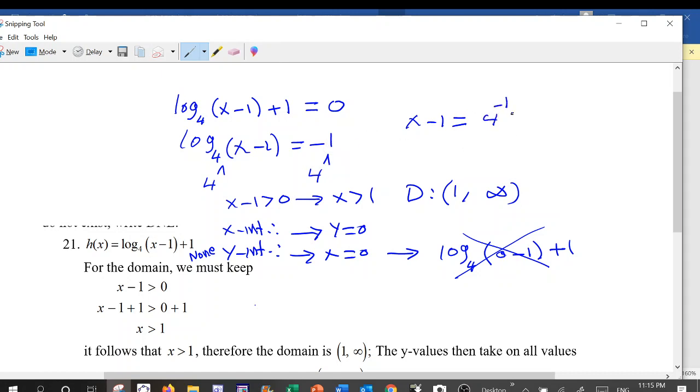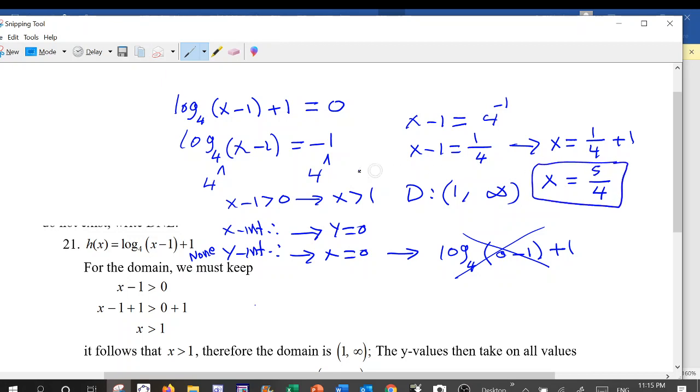Now we know 4 to -1 is nothing but 1/4, right? So x equals 1/4 plus 1, which is 1 and 1/4, which is 5/4, right? So that is the x-intercept. The y-intercept does not exist.